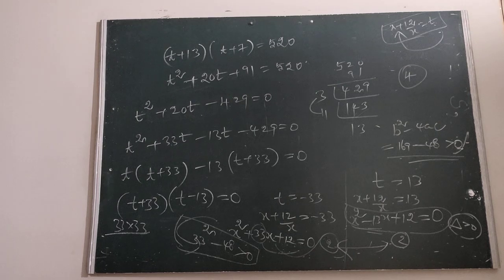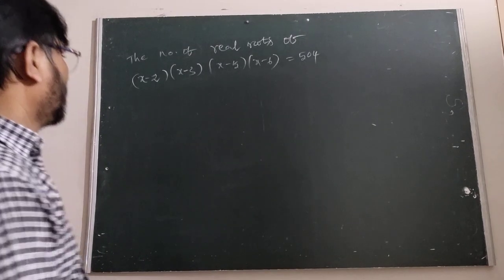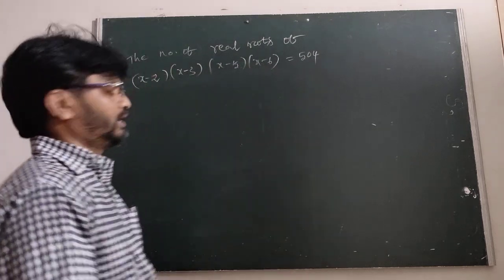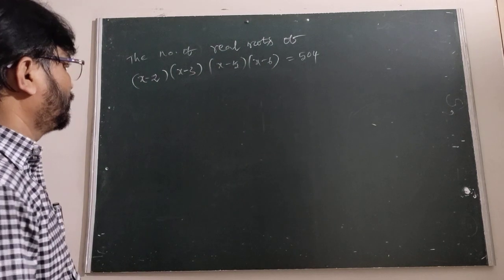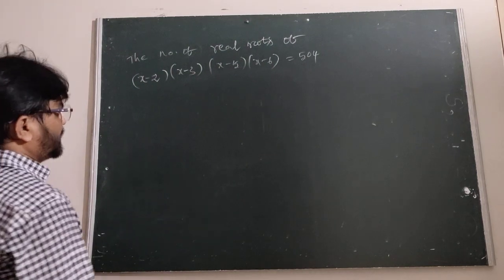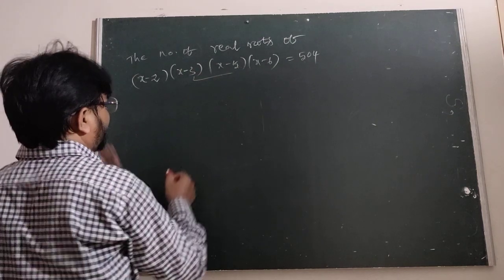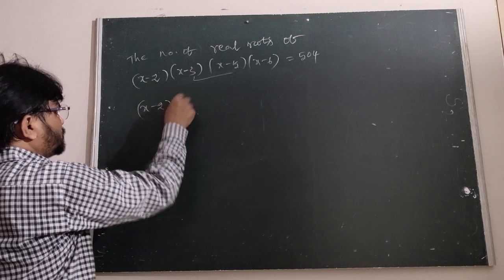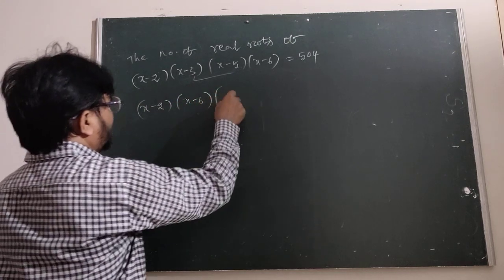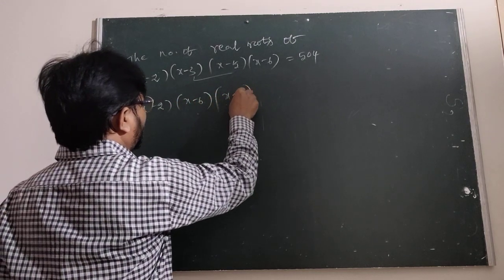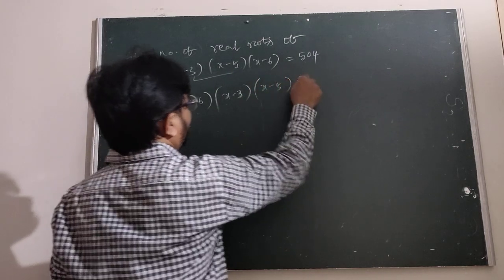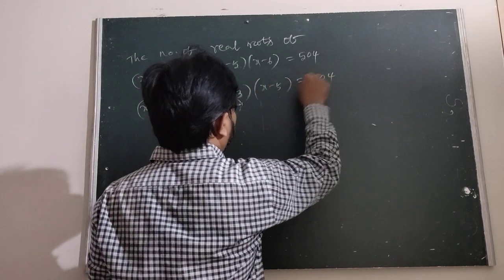Right. So the number of real roots of x minus 2 into x minus 3 into x minus 5 into x minus 6 equal to 504. Now we take 5 plus 3 is 8 and 6 plus 2 is 8. Now we can write x minus 2 into x minus 6, and x minus 3 into x minus 5, equal to 504.